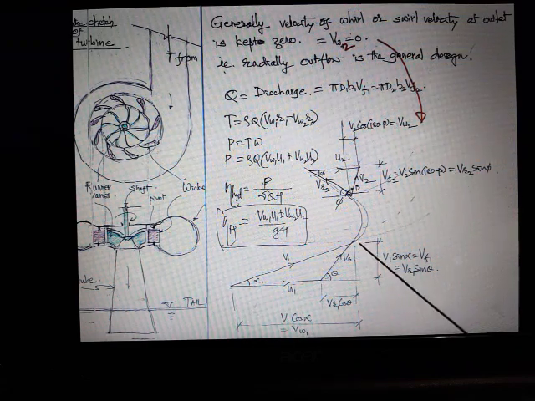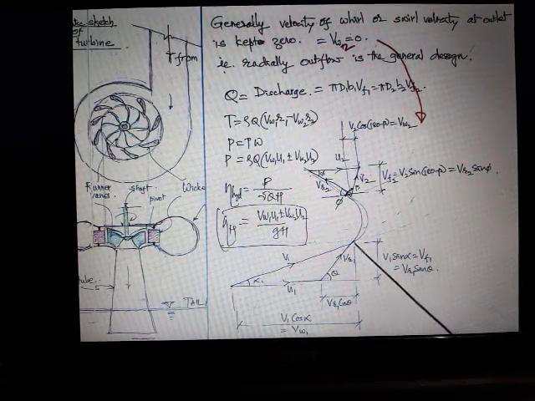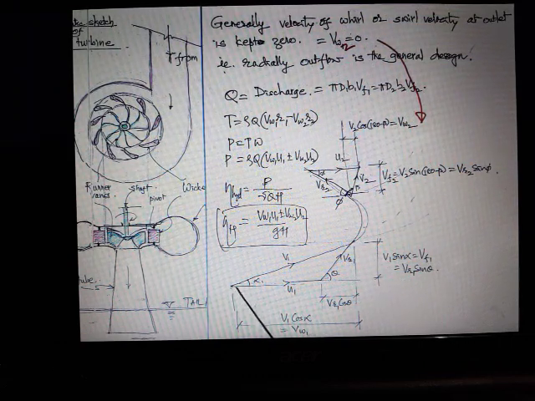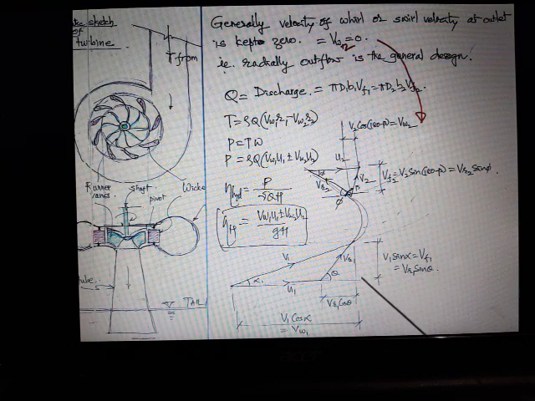This is the inlet velocity triangle with the same notation. Alpha is the angle made by the jet, theta is the angle of the vane at the inlet, then this whole horizontal distance is VW1, and this particular component is the velocity of flow VF1.